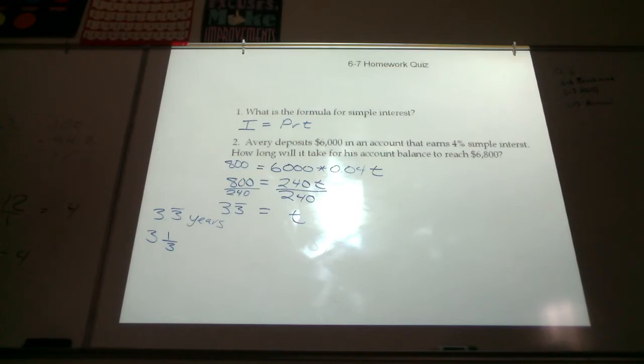Everybody take 1 and divide it by 3 and hit equals. 1 divided by 3 equals 0.3 repeating, right? Kids, that's a file save forever. 1/3 is 0.3 repeating. So we have 3 1/3 years.